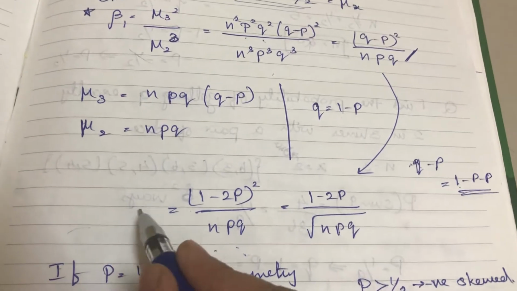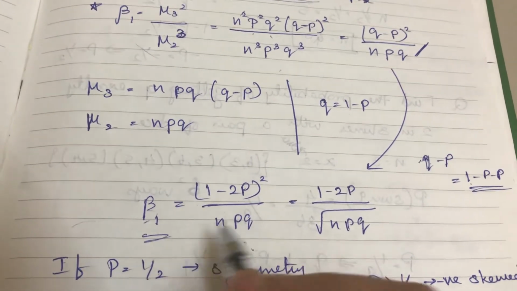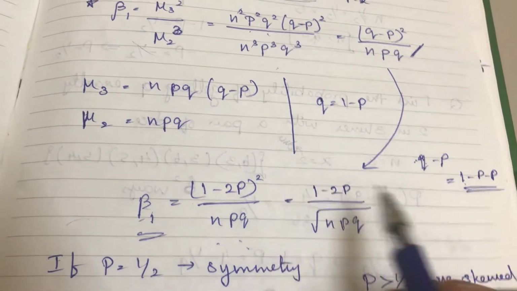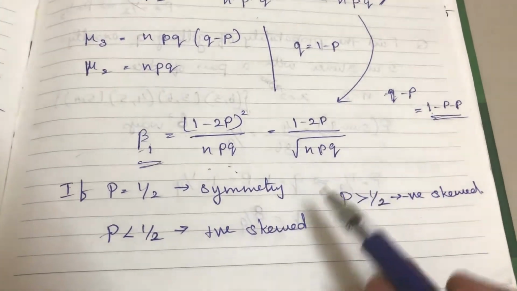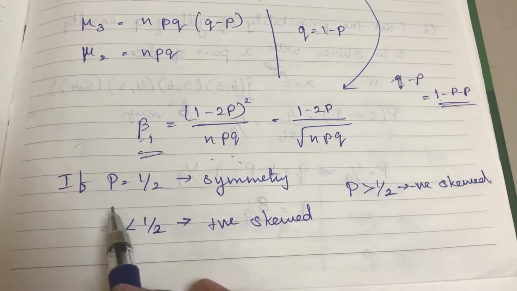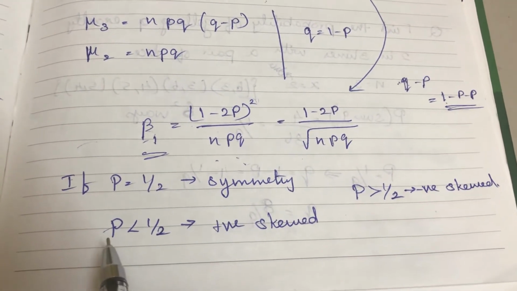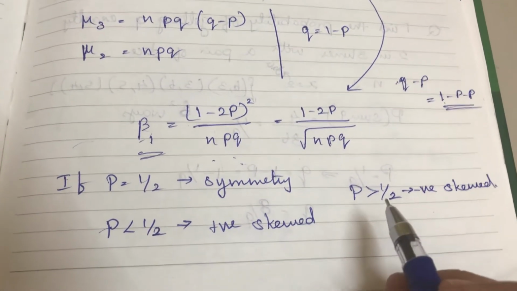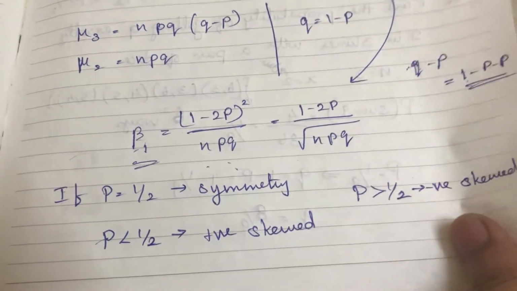This is the skewness, and by removing the square, I write the square root in the denominator. If P is half, it is symmetrical. If P is less than half, it is positively skewed. If P is greater than half, it is negatively skewed.